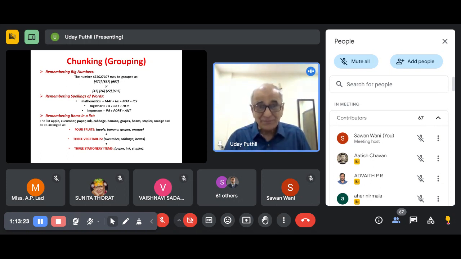Chunks are pieces. Three pieces of 3 digits each, or four chunks of 2, 2, 2, and 3 digits. Now, this becomes easier, and we all do it for telephone numbers.